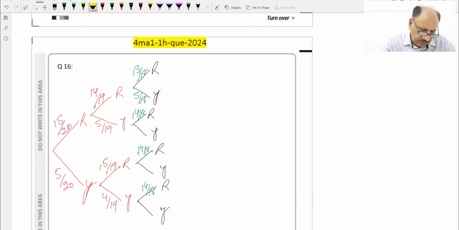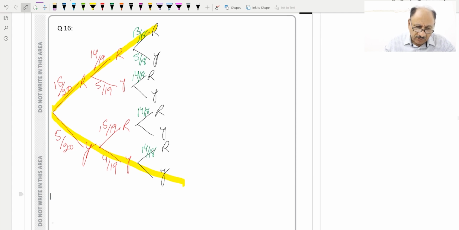So we will go for the complement. That will be easier. So this is all red and this is all yellow. We will count these two and take 1 minus that complement probability.